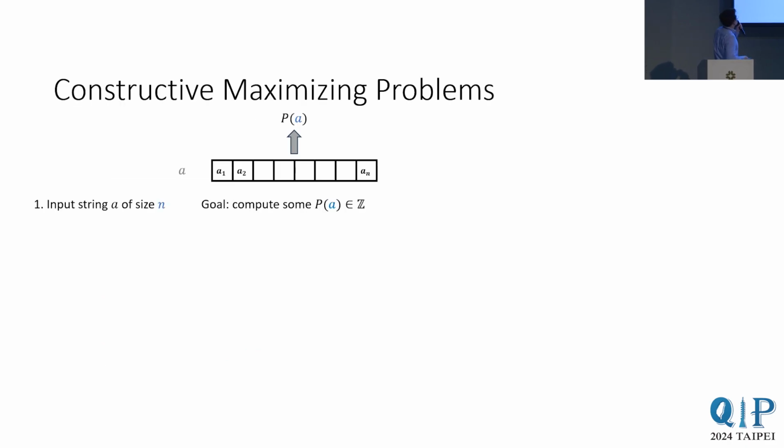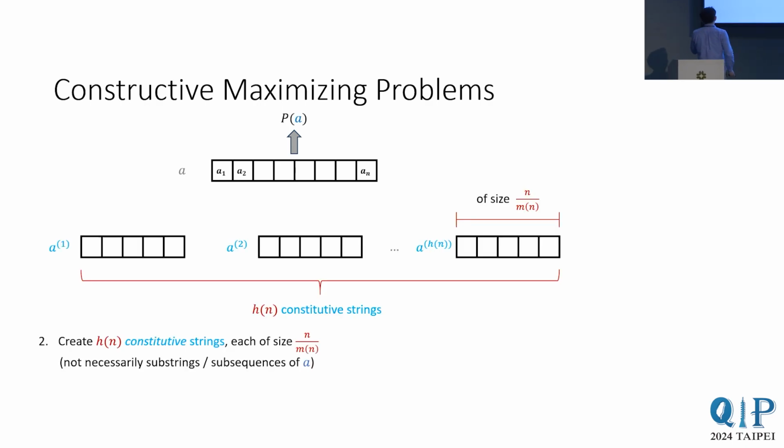So what are constructive maximization problems? Generally speaking, given a string a of size n, we want to output some value p of a. And of course, according to our four-step framework, we should create some subproblems. Here we create h of n constituent strings, each of size n over m of n. I should mention that the constituent strings are not necessarily a substring or subsequence of a.